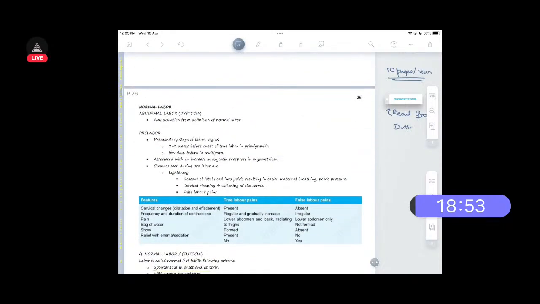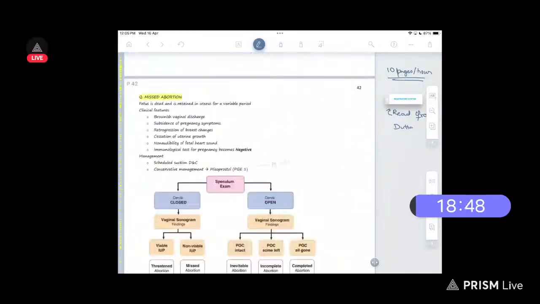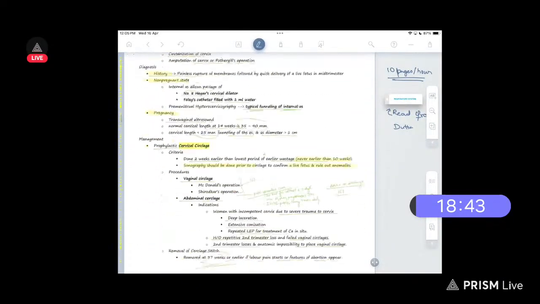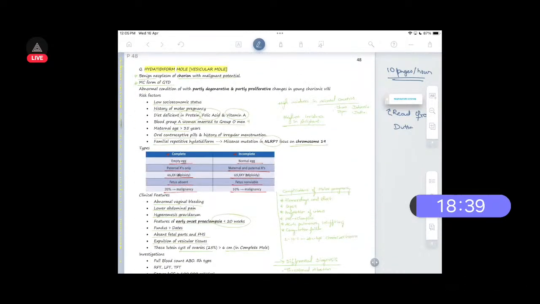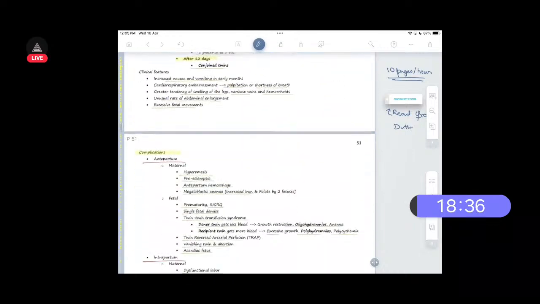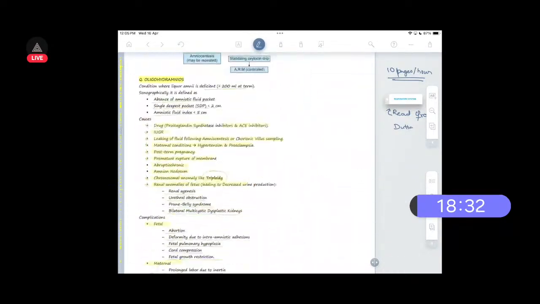So I'll do normal labor full, normal preparum full, and I have several things here.